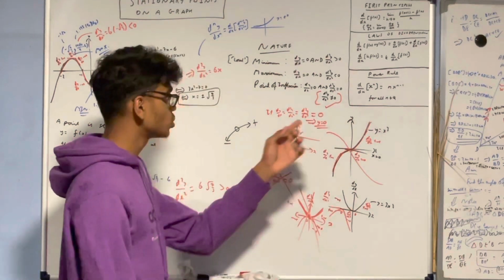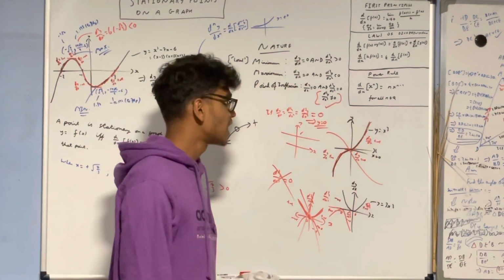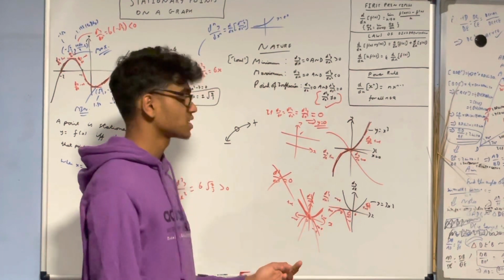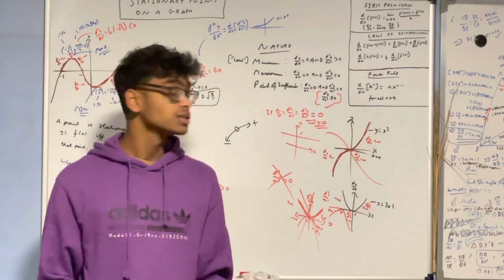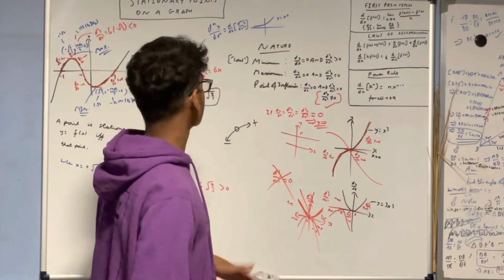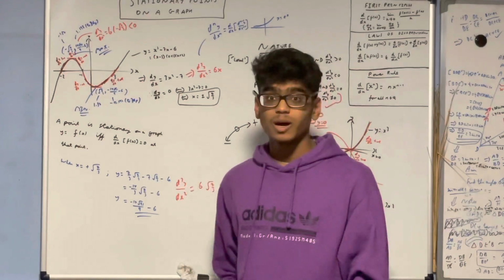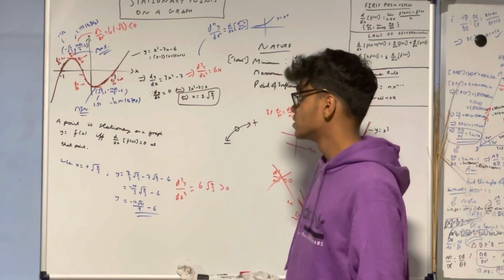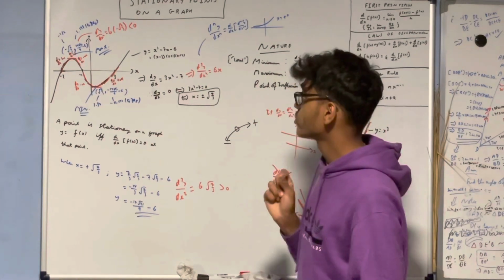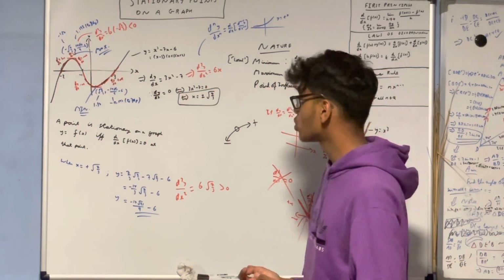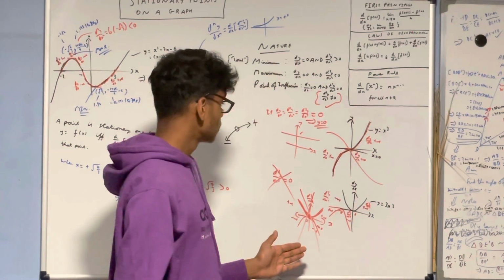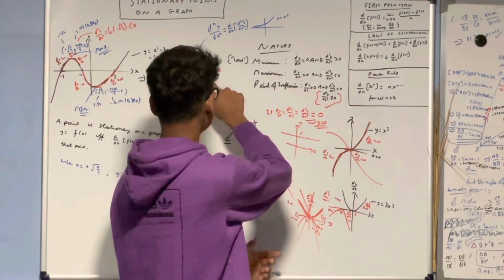But that's not an important condition, I don't think, for A-level, and I haven't really come across anywhere where it's actually been useful just yet. So this is how stationary points on a graph can be worked out, and the nature of each stationary point can be worked out from differentiation and the second derivative of a graph.